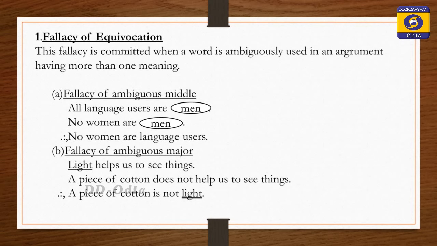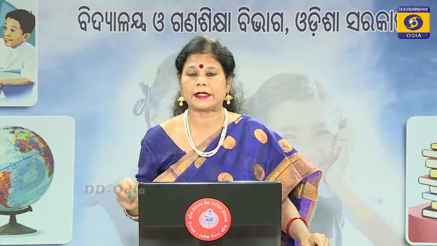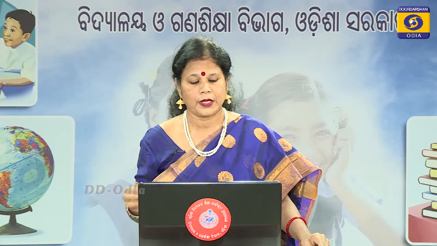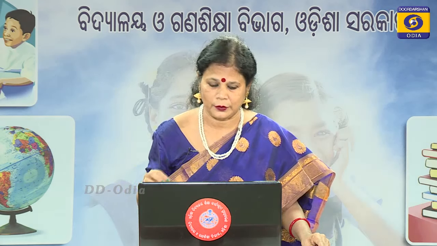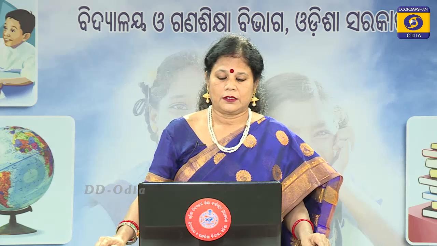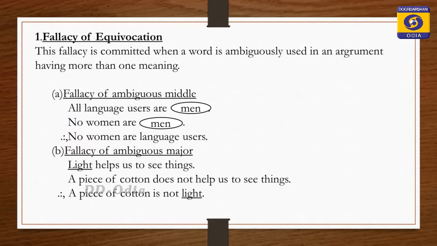In the major premise, we say light helps us to see things. What do you mean by light? Light means that which is opposite to darkness. Here we understand light as illumination. Then in the conclusion we say a piece of cotton is not light. Here light means that which is opposite to heaviness.